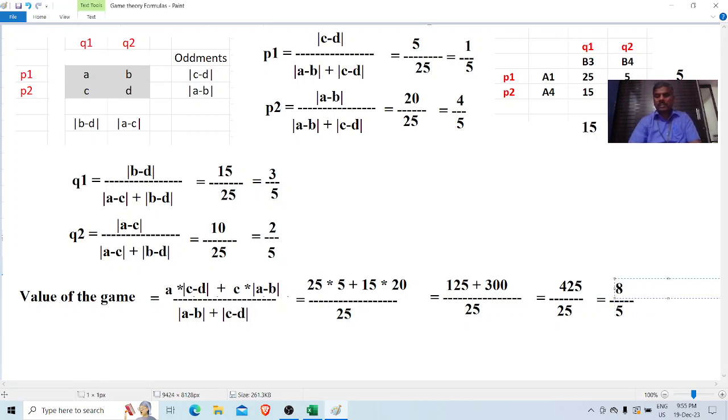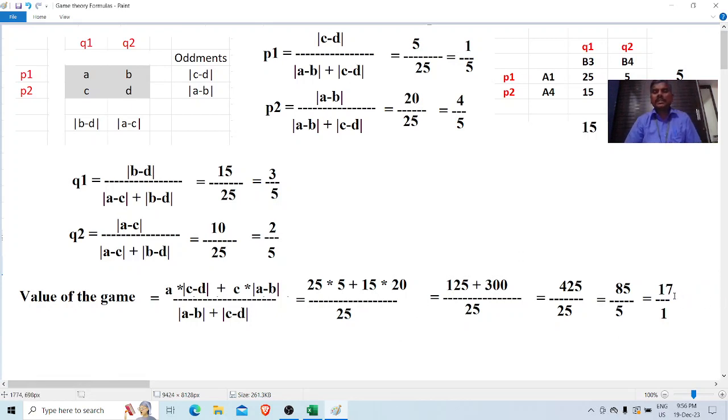In the numerator, 8 5s are 40, remaining 2, so 85. Further, we can reduce this by five. 1 5 is 5, 17 by 1 is 17. So the value of the game is 17.